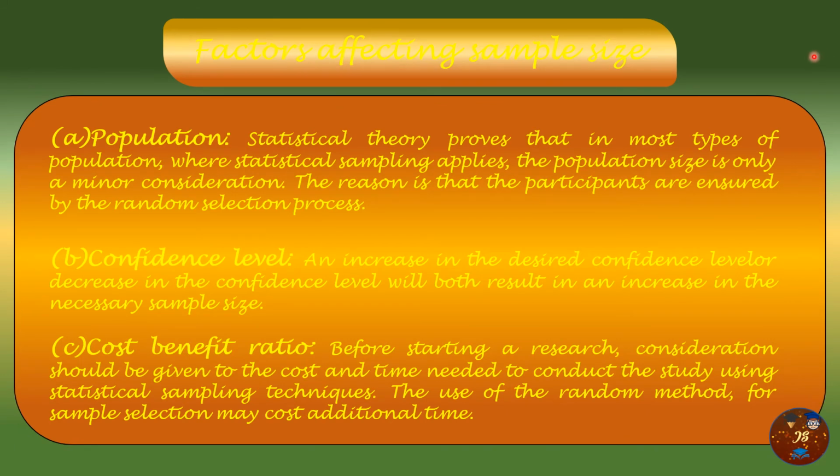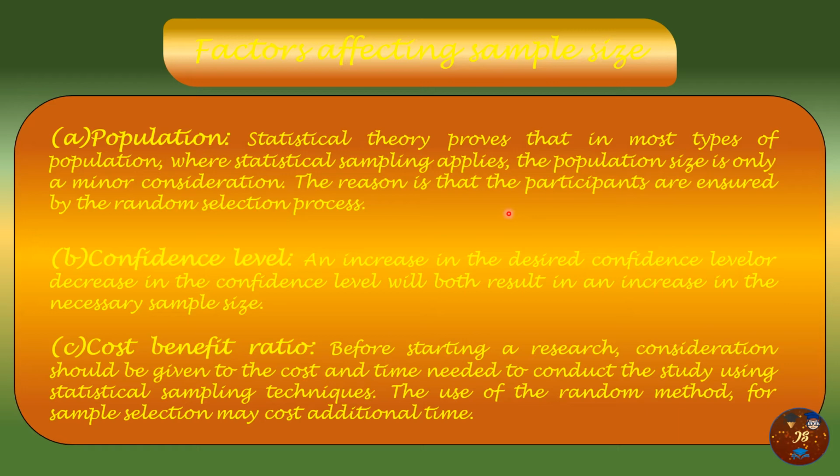Regarding the factors affecting sample size, there are basically three factors that affect the sample size. One is population, another is confidence level, and the third and most important one is the cost benefit ratio. Now regarding the population, statistical theory proves that in most types of population where statistical sampling applies, the population size is only a minor consideration.